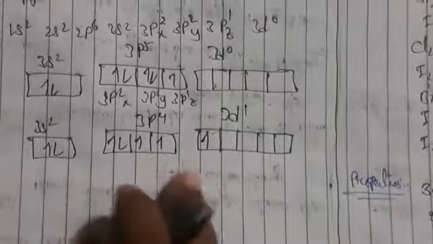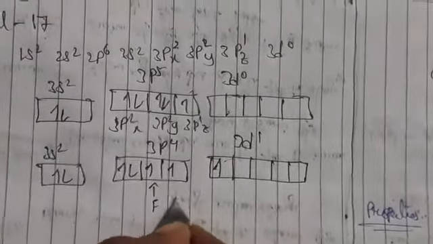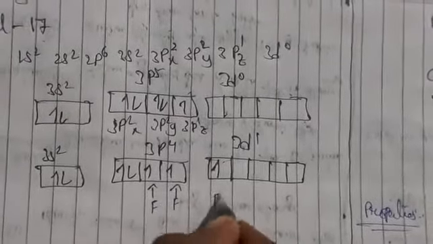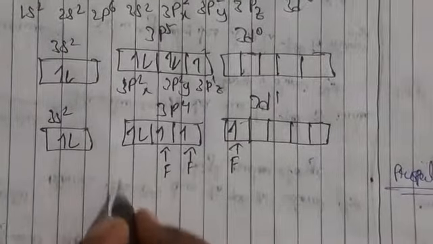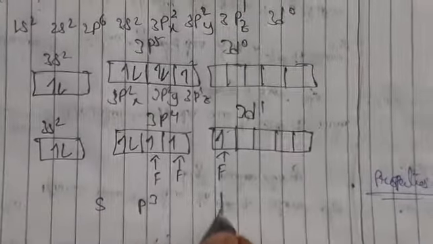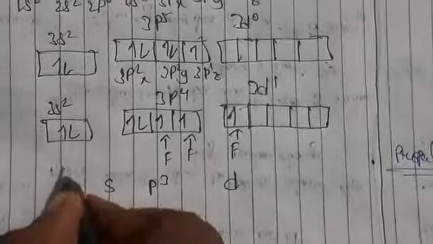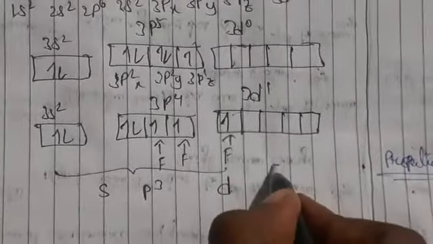We have 3 fluorine atoms, meaning the fluorine atoms give electrons to the p orbitals and d orbitals. So the hybridization will be sp3d. By combining we get sp3d hybridization.